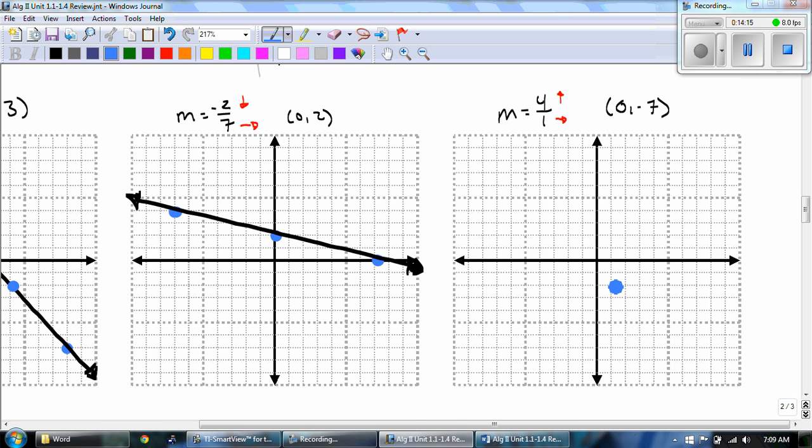So I'm starting at negative 7 down here, and I'm going 1, 2, 3, 4 up, over 1. Again, 4 up, over 1. Okay, do as many points as you can, and then use the straight edge. And make sure to add your arrows.